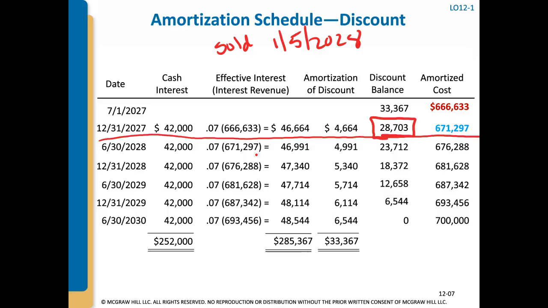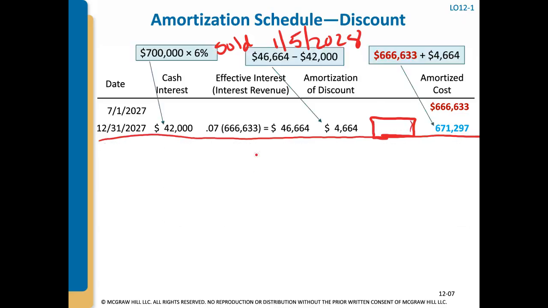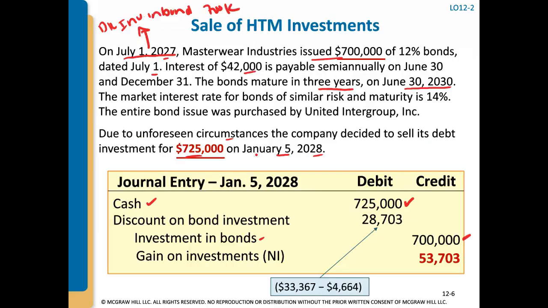And so that's sitting there at a credit balance of $28,703. So we would need to debit our discount for $28,703 and then we have a gain on investment. We have a credit, an actual recognized gain for $53,703, and that is recognized in the net income.